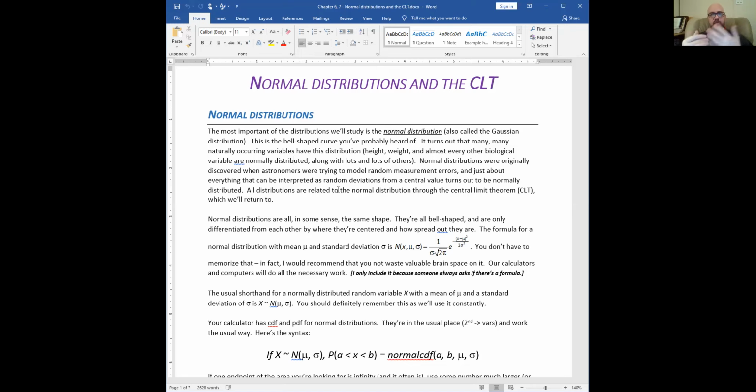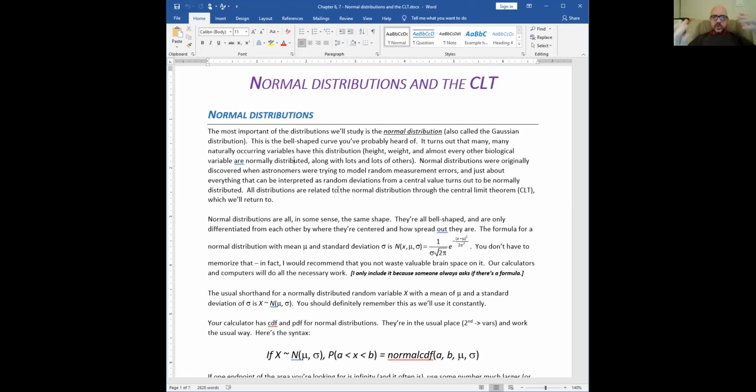And in doing so, over the period of, I don't know, 100 years or something like that, maybe more like 80 years, they tried to figure out the distribution of measurements. Like if the true measurement is right here, what's the probability that you'll be off this much or that much, and in which direction? And it turns out you need normal distributions to model that.